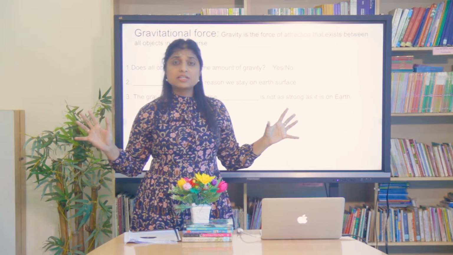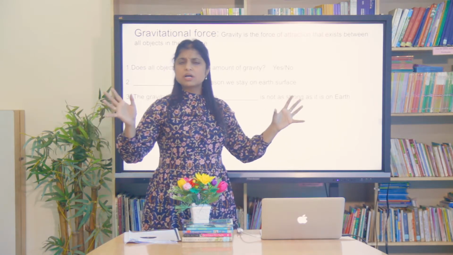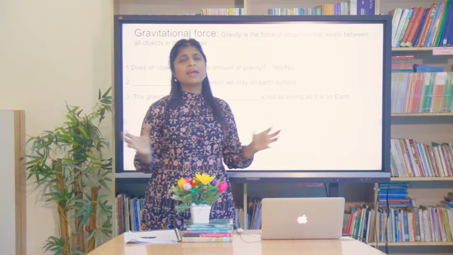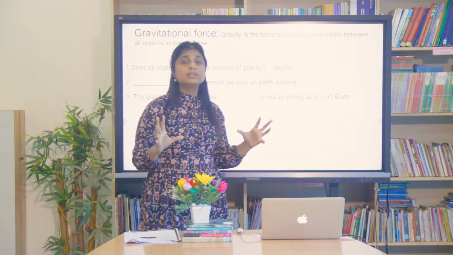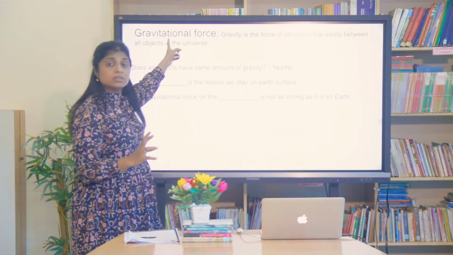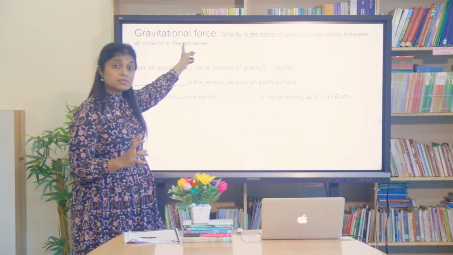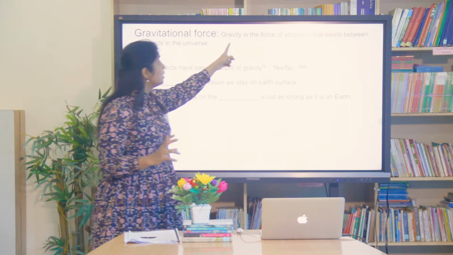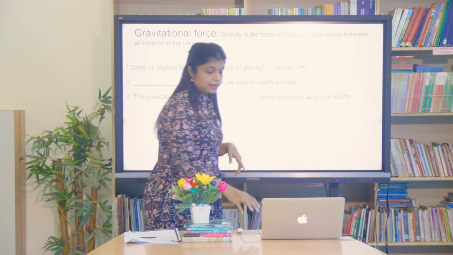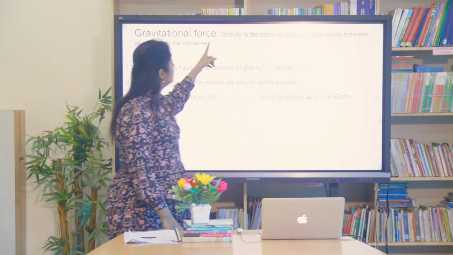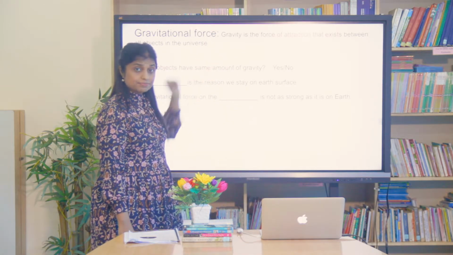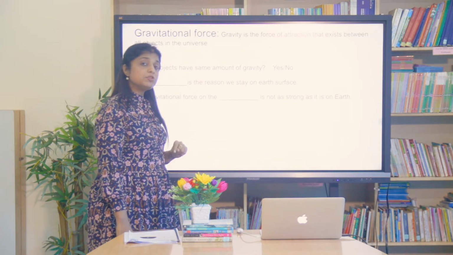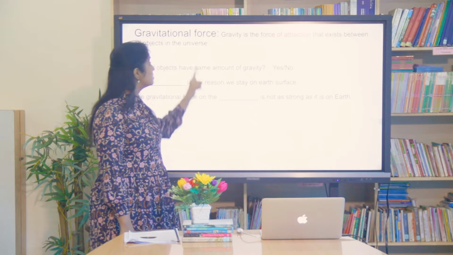Everything is connected in this universe, all the stars, all the planets, the whole Milky Way, everything is connected with this great force, that is gravitational force. If you want, you can say gravity as well. Okay, so please read the sentence once again. I'm going to give you 2 seconds to read the sentence.